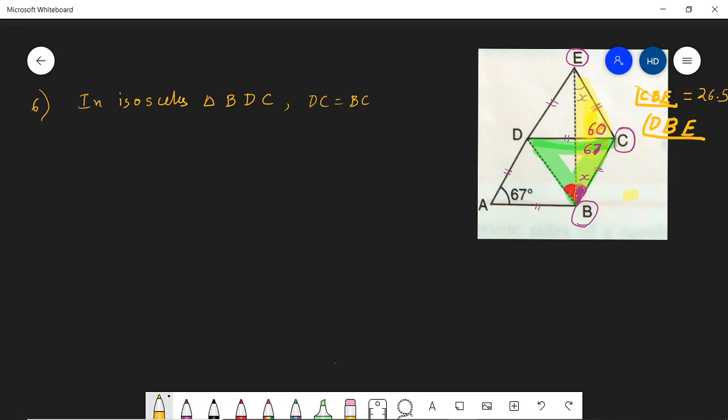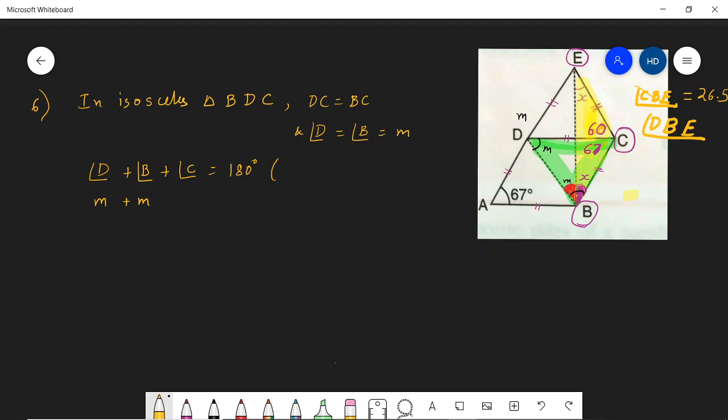Because of that, angle D will be equal to angle B. Let me call angle D as M, and I'll call this also M. So DC equals BC, and angle D equals angle B equals M. In this triangle, angle D plus angle B plus angle C is equal to 180 degrees.